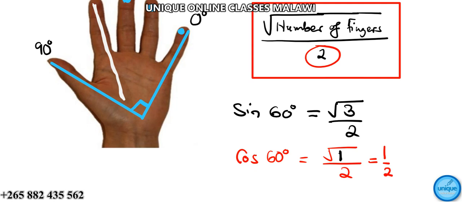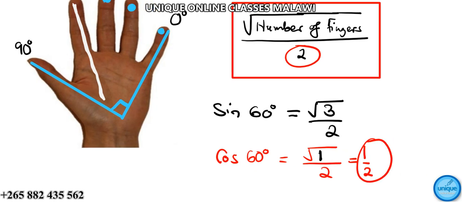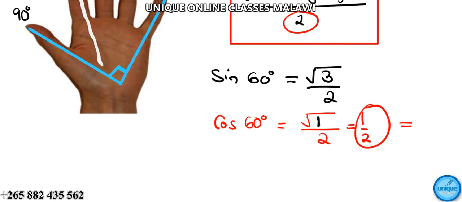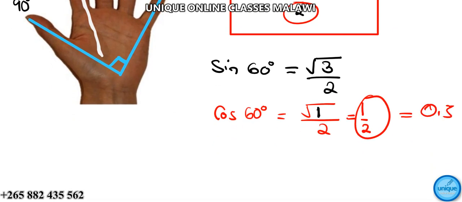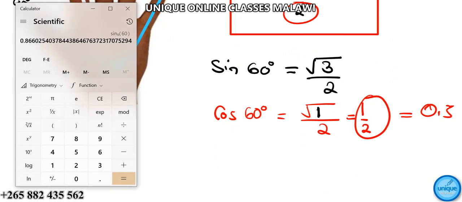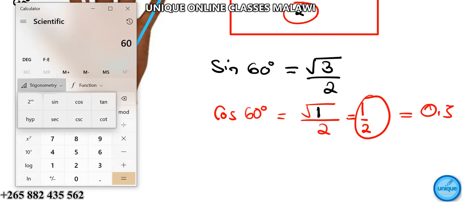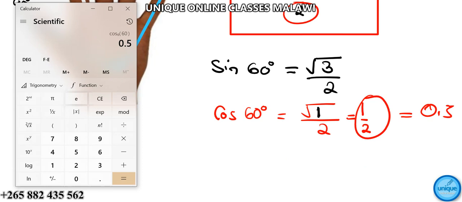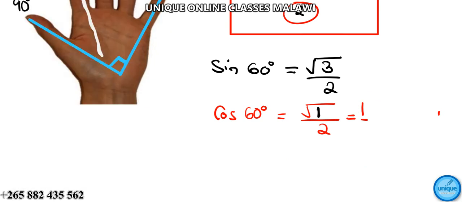It means cos 60 is a half, and half is the same as writing 0.5. You see 0.5. So if you take your calculator and type 60 then cos, you see it's 0.5. It's the same thing. So we are done.